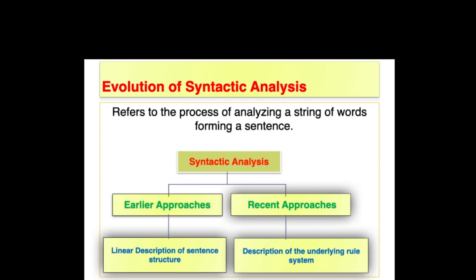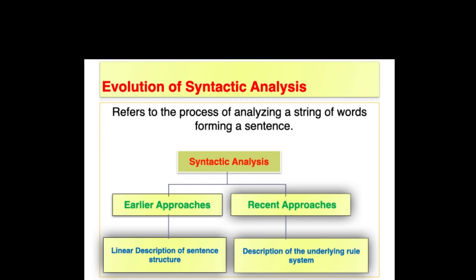Now, when we look at syntactic analysis, historically it has developed through time. I'm not going to go into detail into this literature, but what has been said until now is that there have been two different approaches or two different ways to analyze sentences, to study sentence formulation.